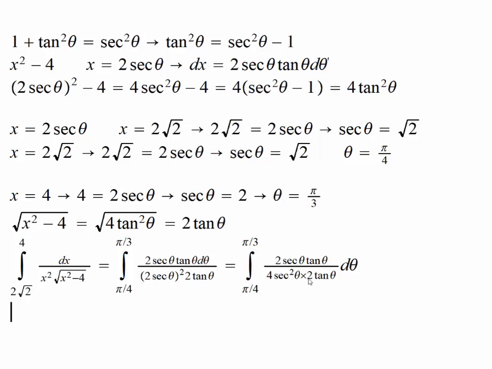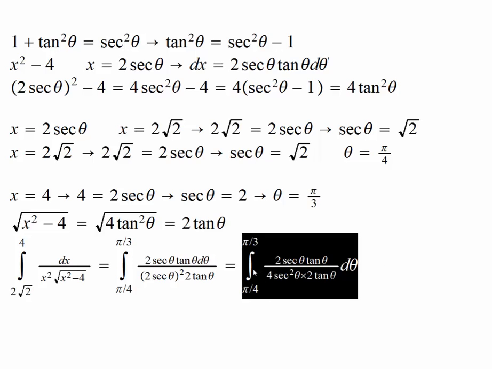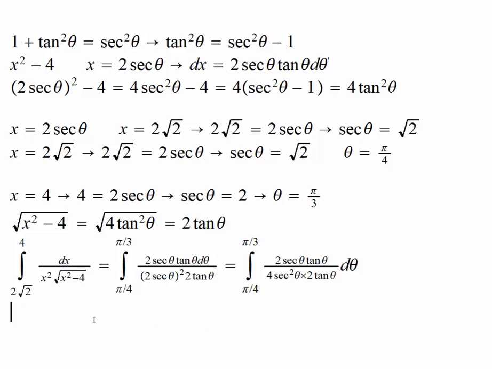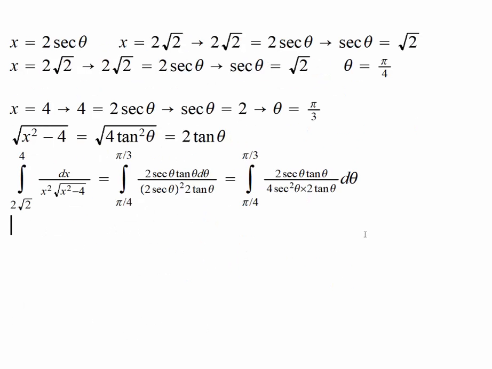Tangent thetas will cancel, these 2's will cancel, and secant theta will reduce this secant square theta to secant theta in the numerator, in the denominator. So the 2's cancel, the tangent thetas cancel, and then we have only 1 secant theta left here.